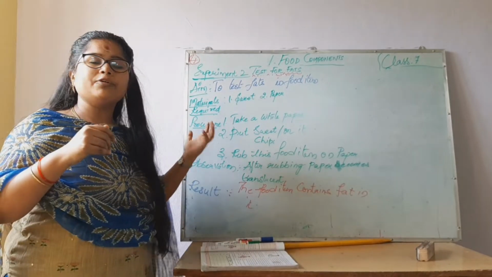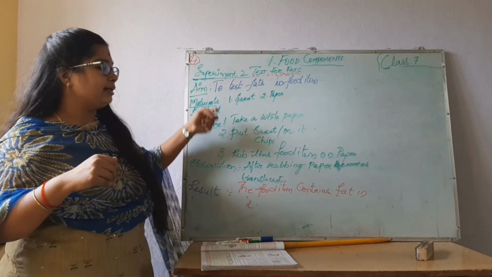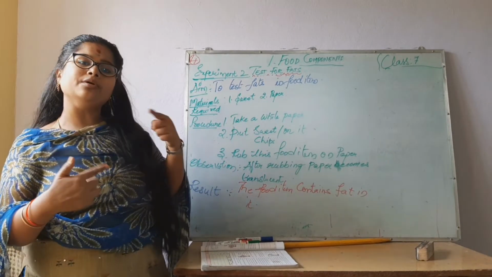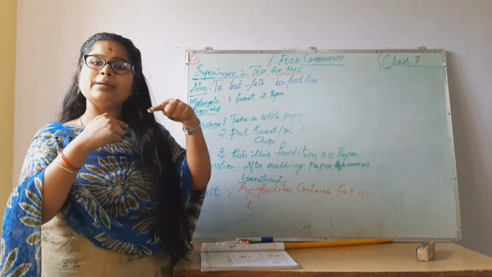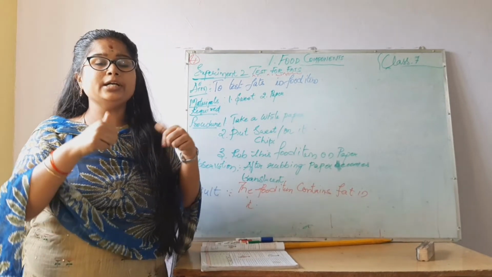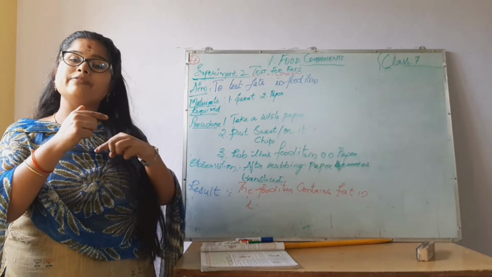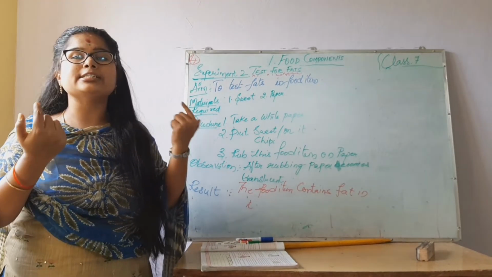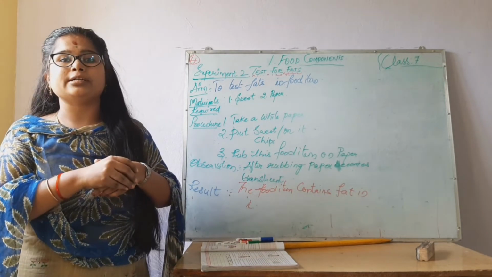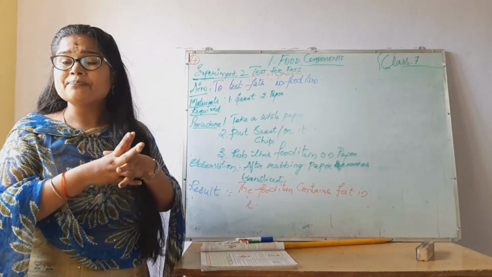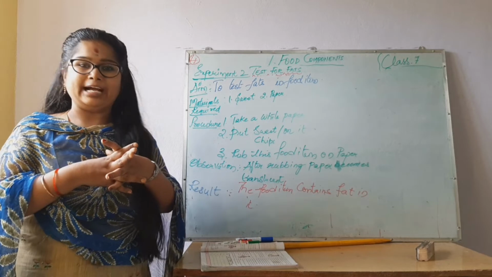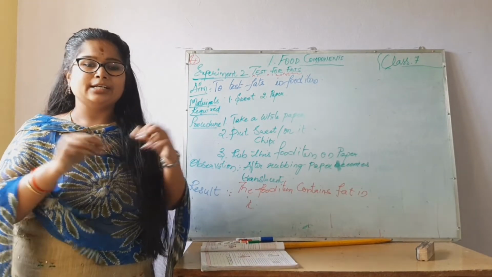Like that, any food item which contains fat will turn the paper transparent. Turning the paper transparent is the important point to remember. If the paper turns transparent, you can easily say that the food item you are testing has fat in it. Got it?